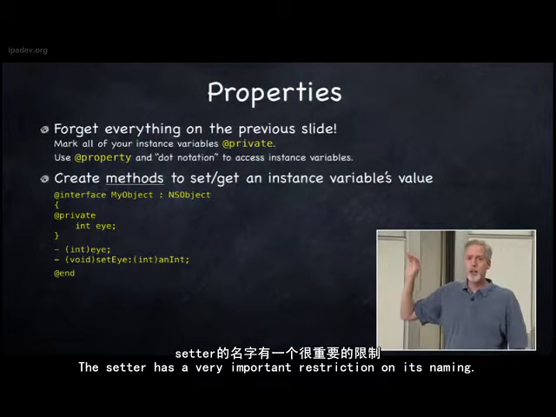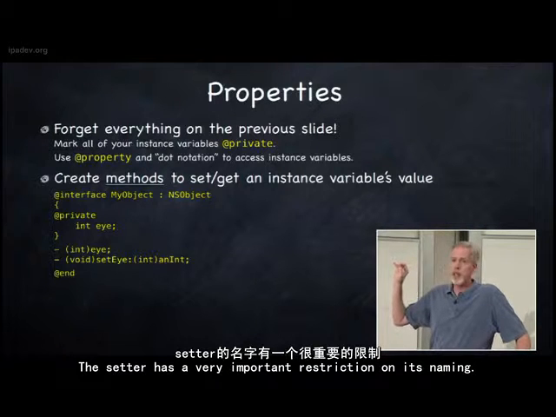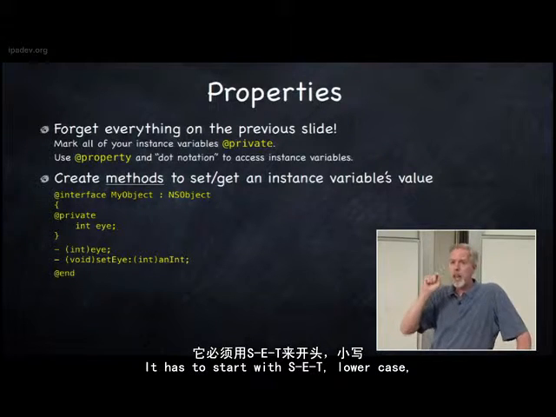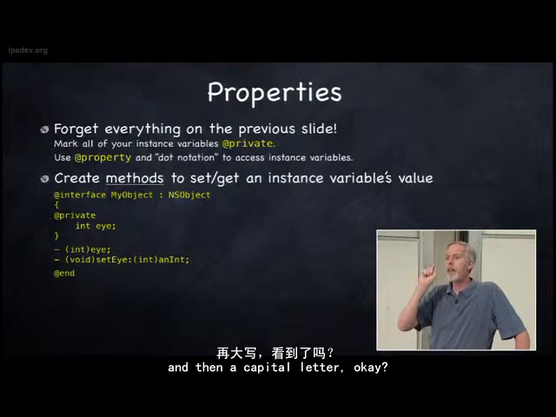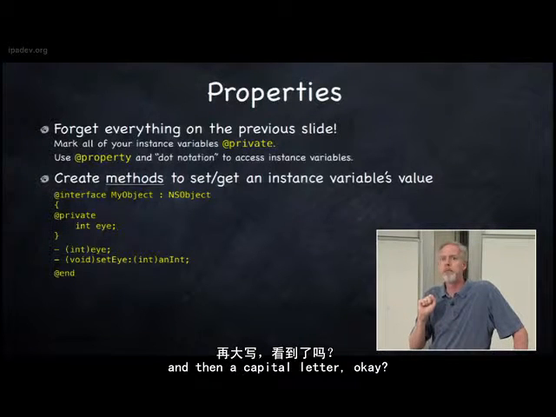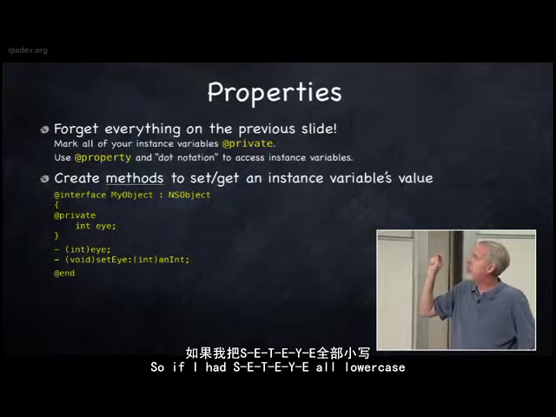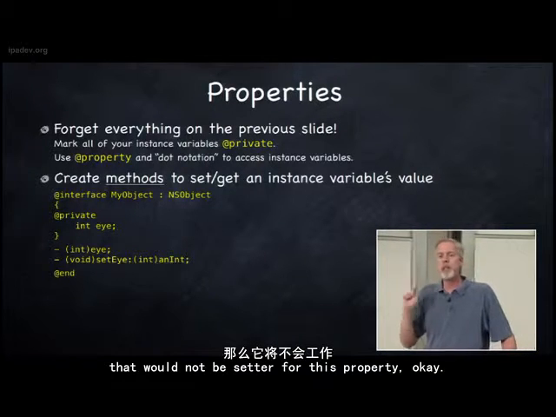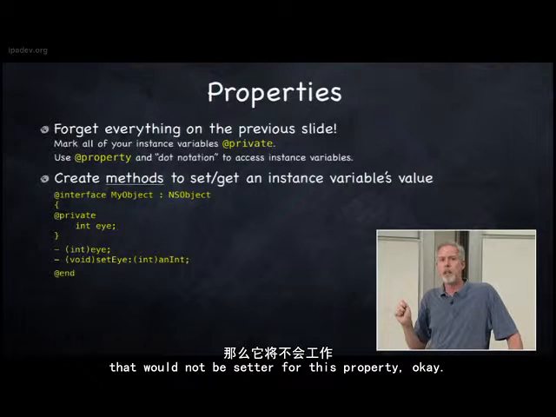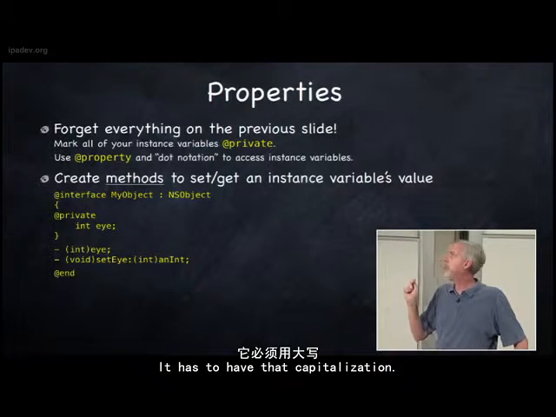The setter has a very important restriction on its naming. It has to start with s-e-t, lowercase, and then a capital letter. Okay? Always has to be that way. So if I had s-e-t-i, all lowercase, that would not be a setter for this property. Okay? It has to have that capitalization.